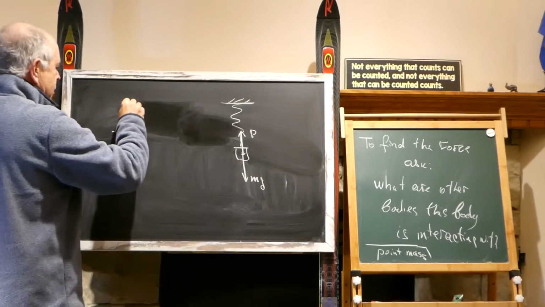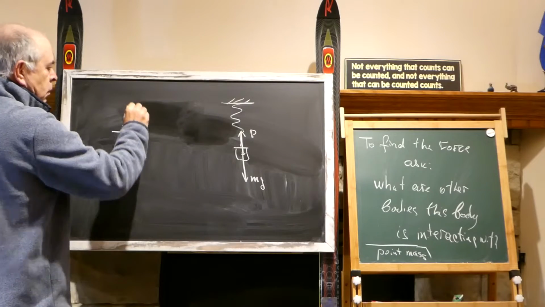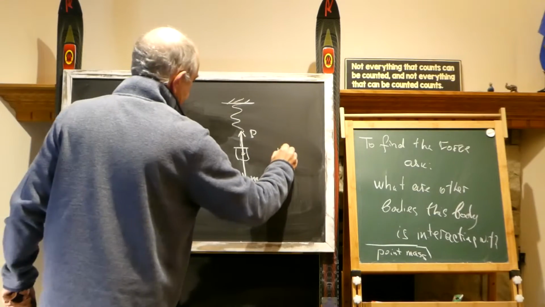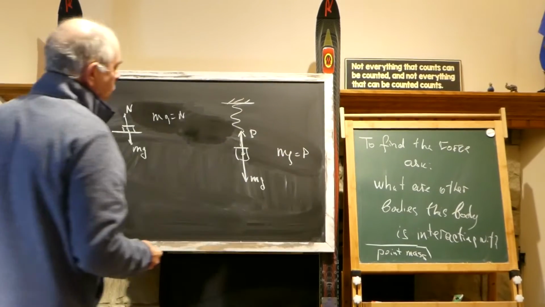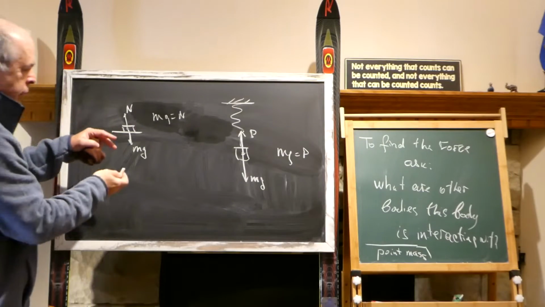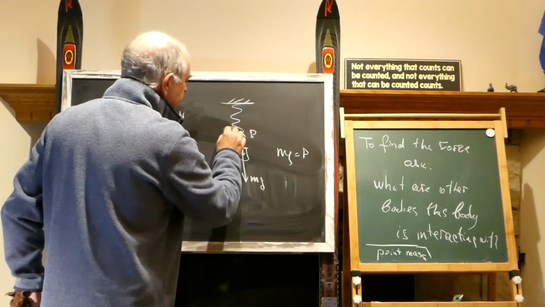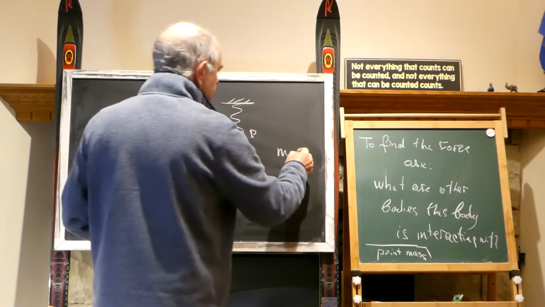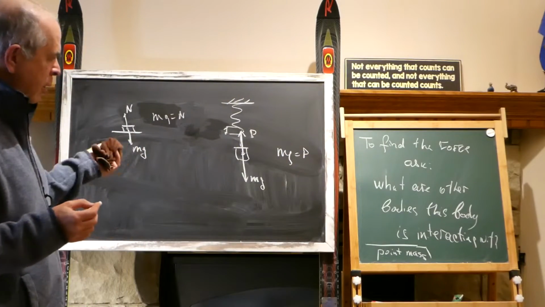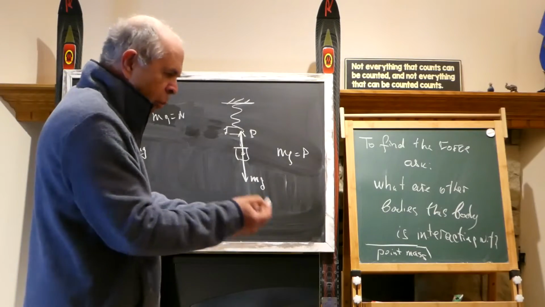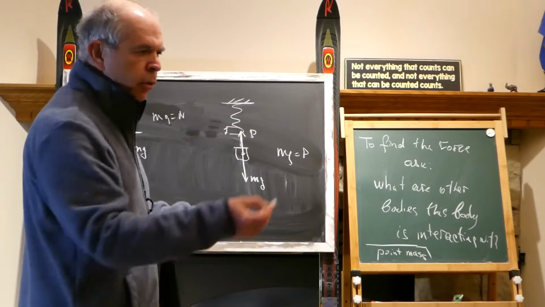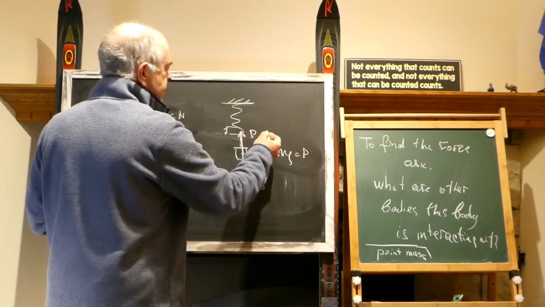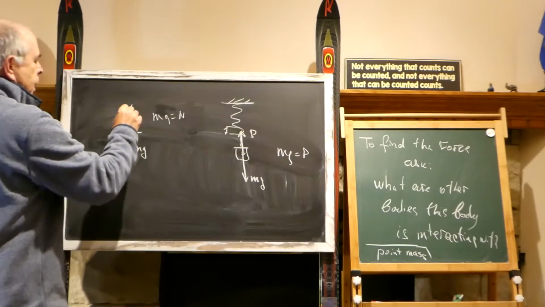It was mg and N, and here is mg and P, and mg was equal to N, and this is absolutely the same, mg equals P. Only here we don't see any movement, and here we see a little bit of elongation, and this elongation gives us the value of P. But in any case, mg equals P, and this is a way to determine the weight of the body that you're buying on the market or in the grocery store, because P becomes the weight. Here N becomes the weight.